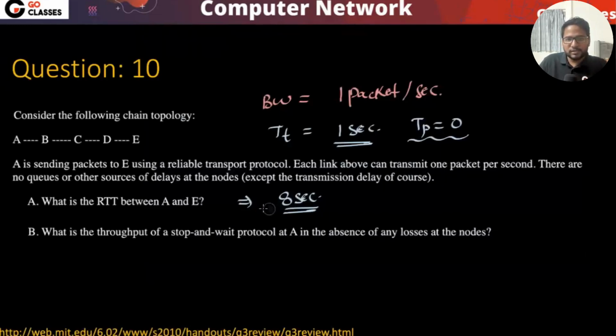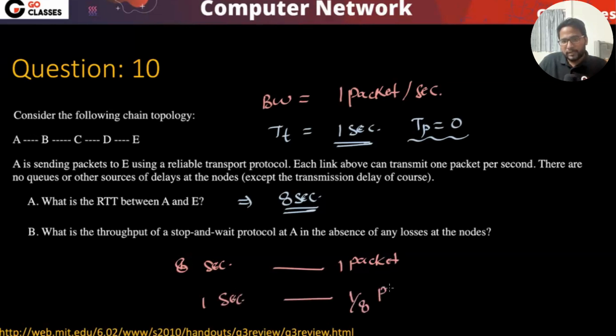If in 8 seconds you are just sending one packet, then what is the throughput? In 8 seconds you send one packet, so in 1 second you can send 1/8 packets per second, right? So for part B, 1/8 is the answer.